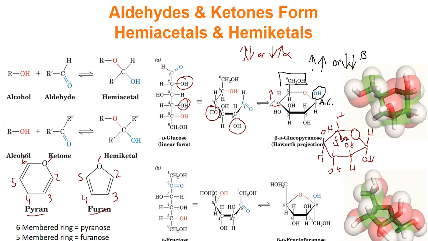So here they're both pointing down. That's what really matters. If you want to remember that if you're on the right, you're going to be pointing down, that's fine. I'm just going to warn you, you're going to see drawings out there with OH on the right and they're pointing up. All that matters really is that you have the OHs all pointing in the same direction.